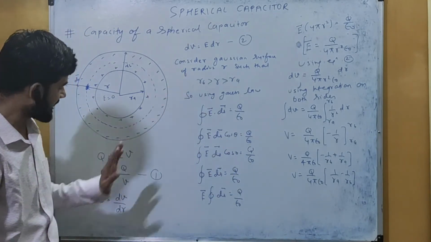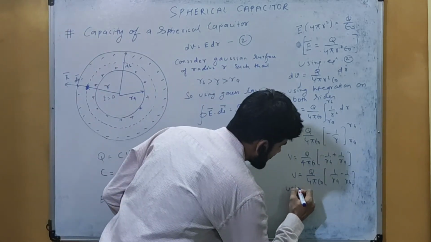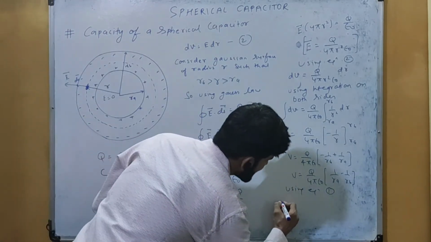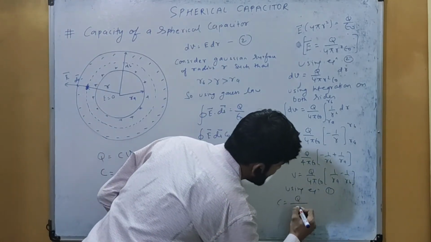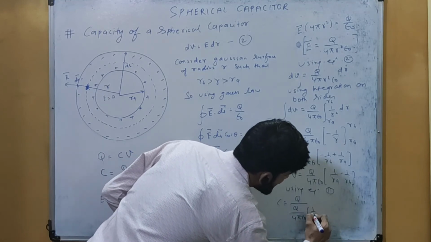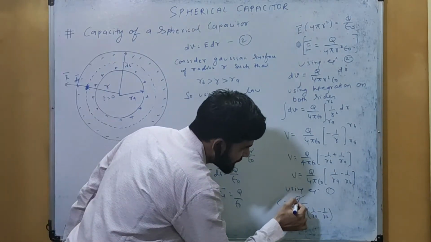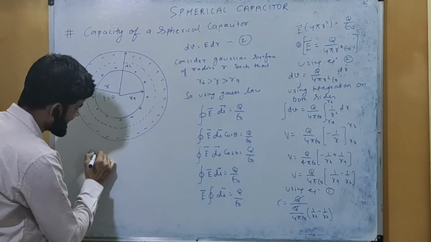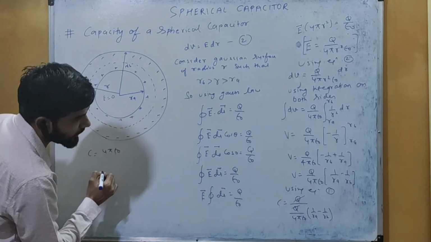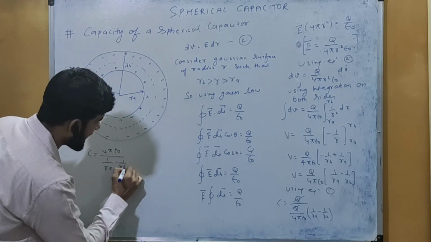Okay, now we have to find the capacitance. So we will use equation 1. Using equation 1, C is equal to q by V. V is equal to q by 4 pi epsilon naught into 1 by RA minus 1 by RB. So this q gets cancelled. I can write C is equal to 4 pi epsilon naught divided by 1 by RA minus 1 by RB.